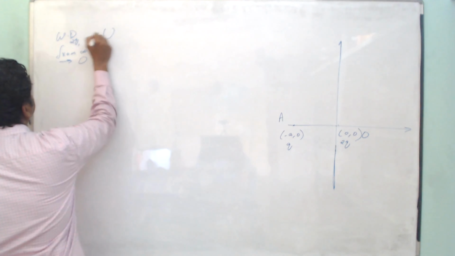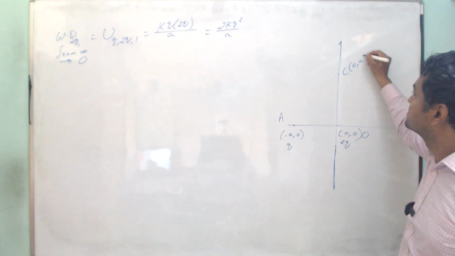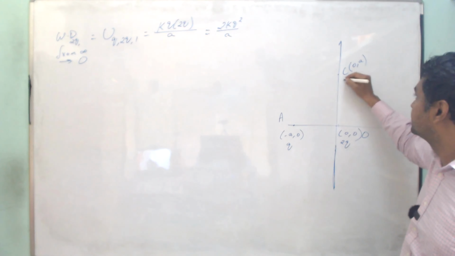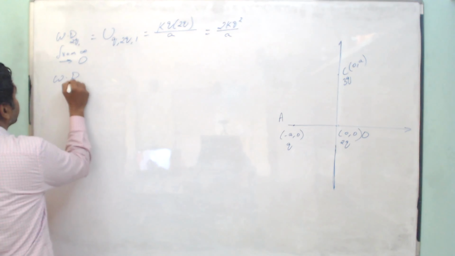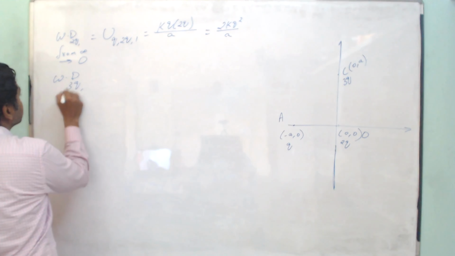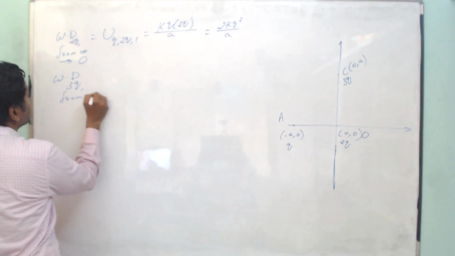Now bringing the third point charge in the story. Now I'm going to bring a point charge to a point C, and let's say this coordinate is (0, A), and let this charge have 3Q. All are positive charges for now. What is the work done to bring the 3Q charge from infinity to that point C?